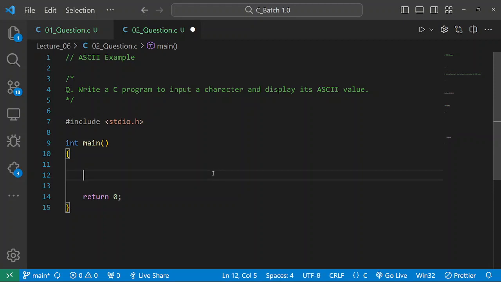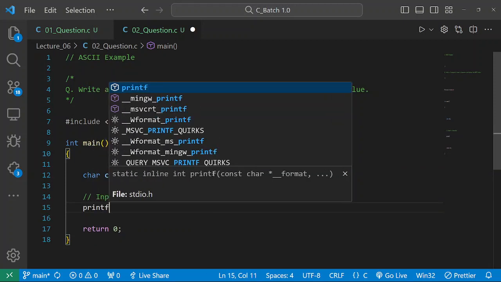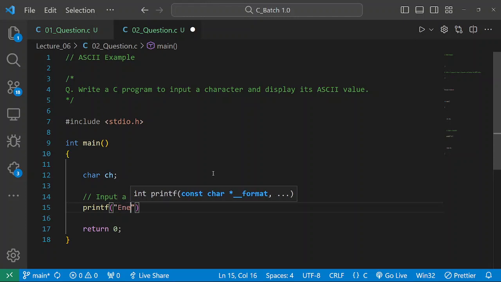Now for ASCII, let me take a character. I'm declaring a character ch. Now I'm interested in taking input from the user. I like to make the code user friendly, so before taking input I write a proper statement: enter a character.